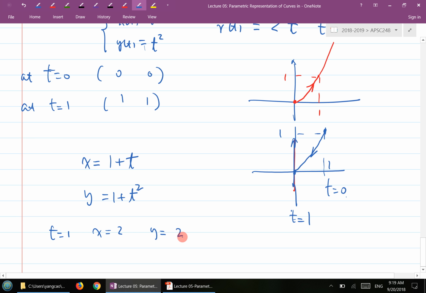It doesn't work. Why? Ah, I heard it. Minus. If this is minus here, then y should be 1 minus t squared. Excellent. So this is going to work. When t equal to 1, both x and y will be 0.